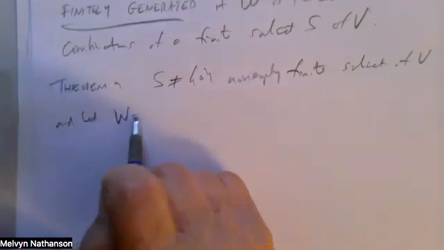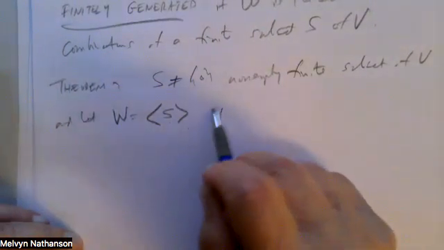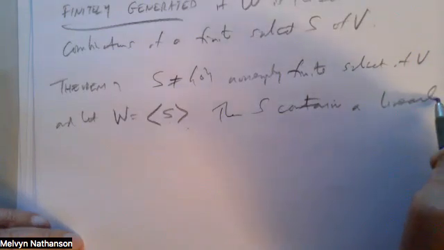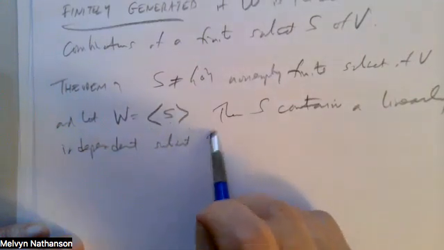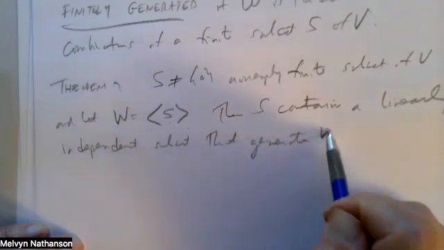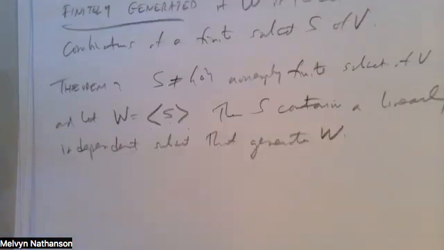And let W be the subspace of V generated by S. Then S contains a linearly independent subset that generates W. So if S is a finite set that generates W, it may be linearly dependent, but then we can always throw away some of the vectors in S, and be left with a non-empty subset that is linearly independent and also generates W.